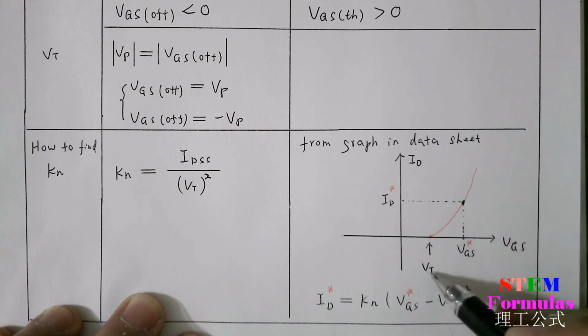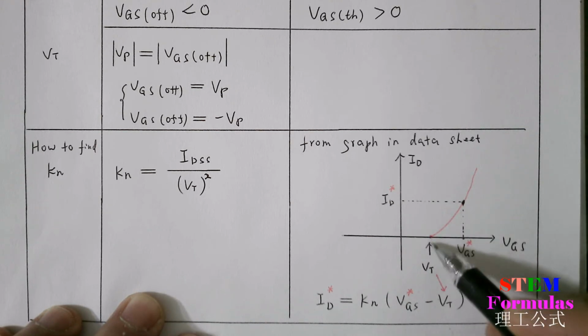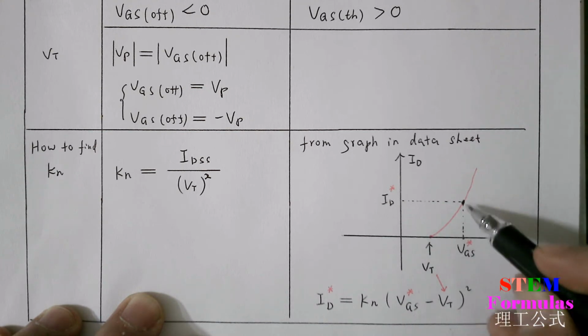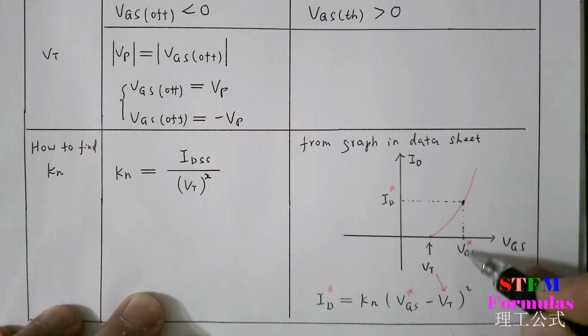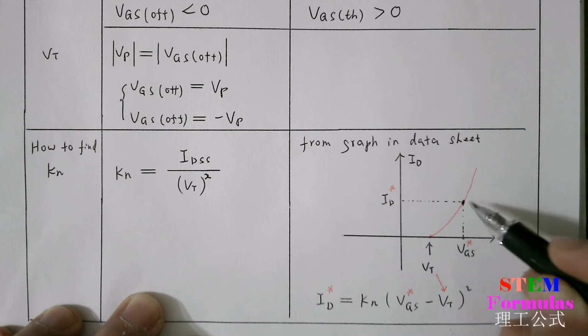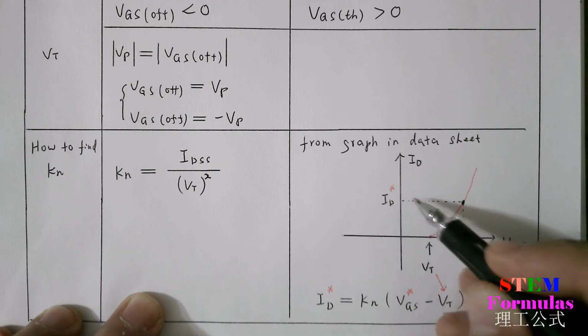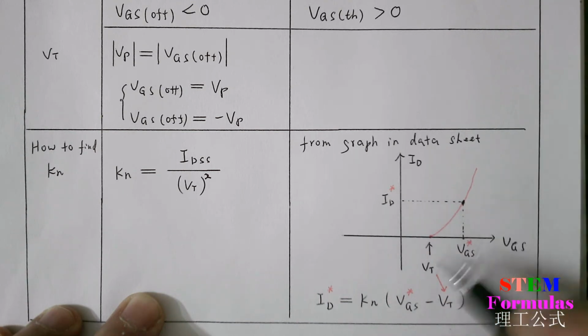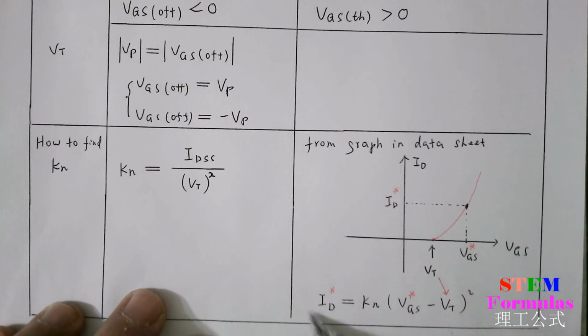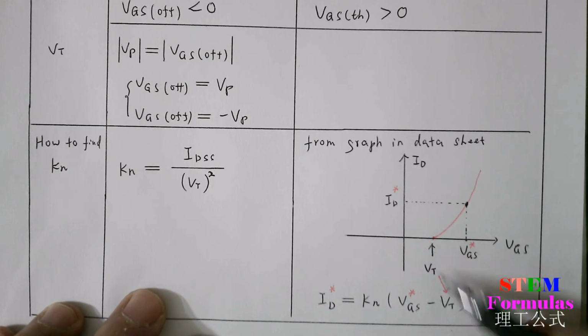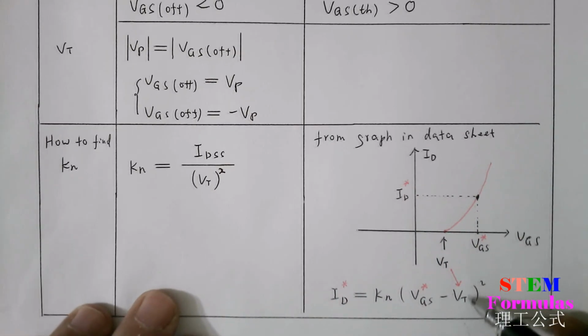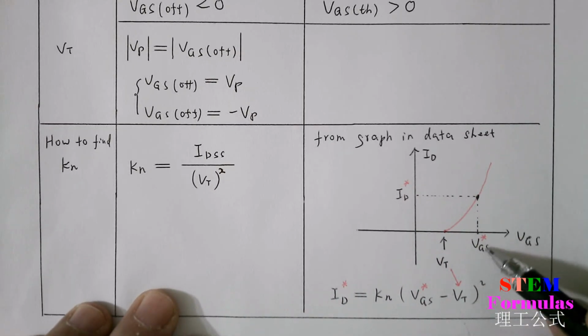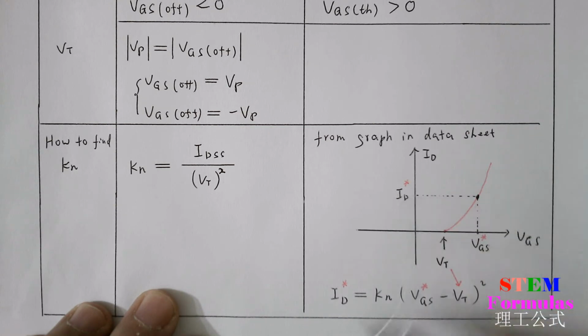From this graph, you can find VT, the threshold voltage, and you pick any point, with VGS star and ID star. Then you have VGS star and ID star, and you have VT. You plug VT, VGS star and ID star into this formula, and you can find Kn.